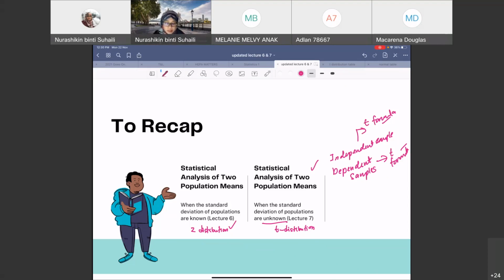That's why the hypothesis always talks about mu1, mu2, not X-bar, which is the mean of the sample. We analyze the sample just to give an idea about the population, but our ultimate aim is to compare the populations. That's why we use this one, the population mean. I hope that is clear for you.